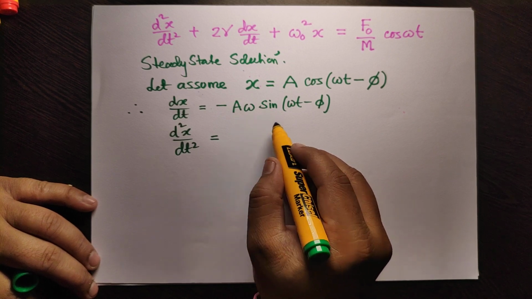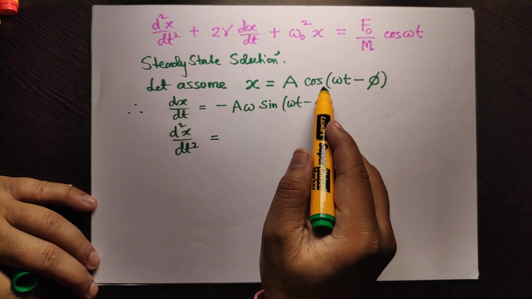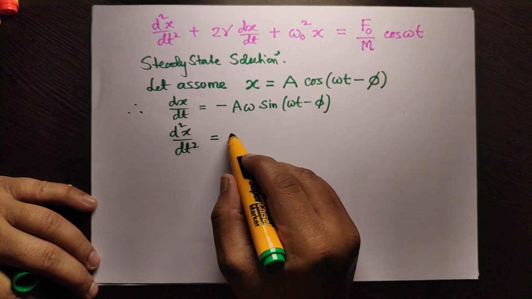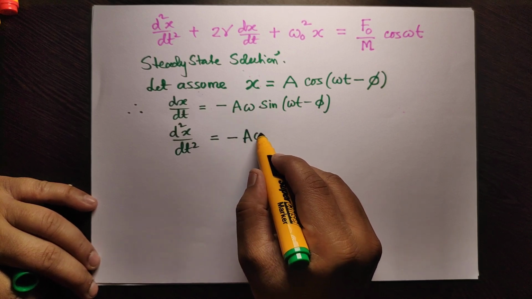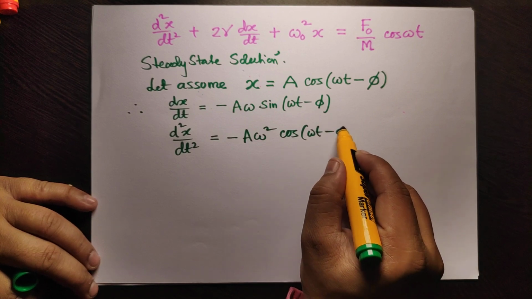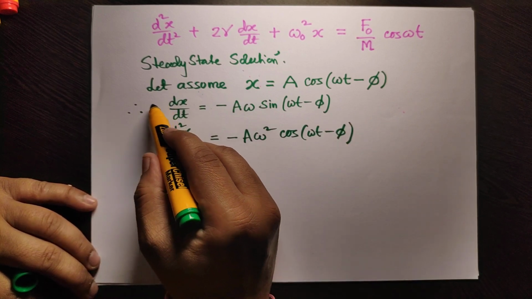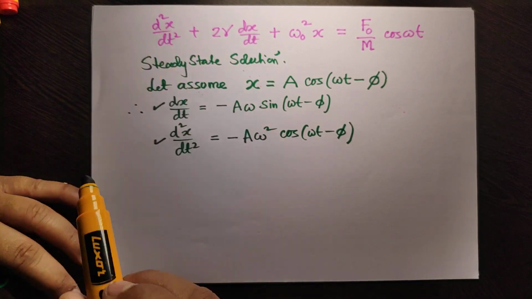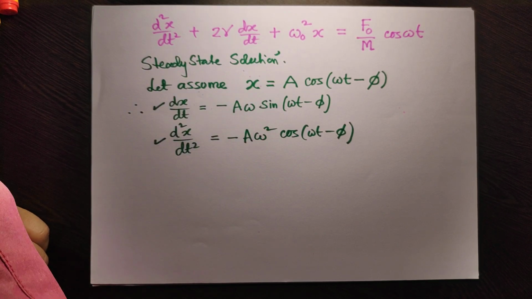So what you get? Cos minus sine, then sine you get cos. So d2x dt2 is minus a omega square cos of omega t minus phi. And now we will substitute these two here in the equation.